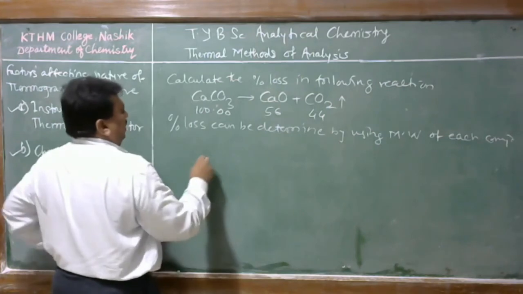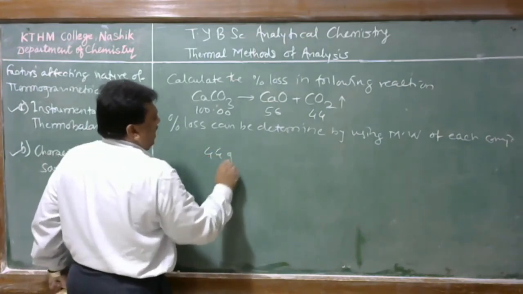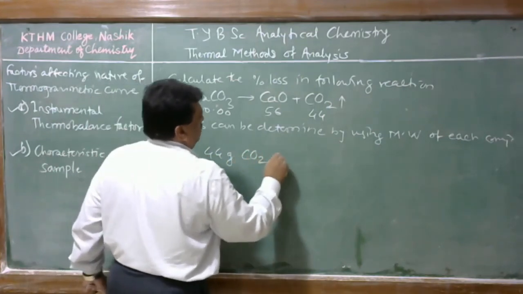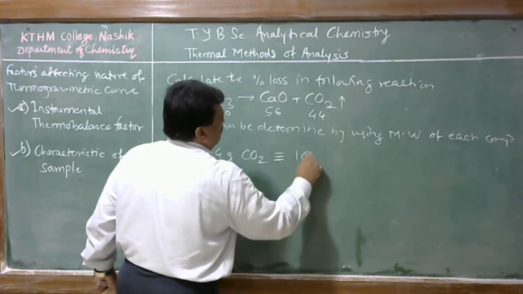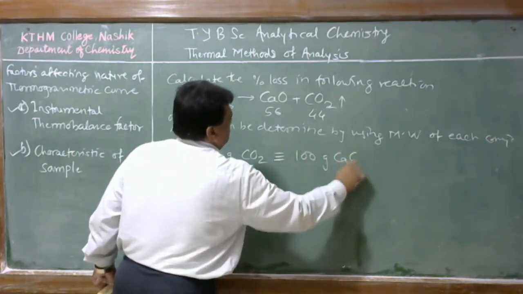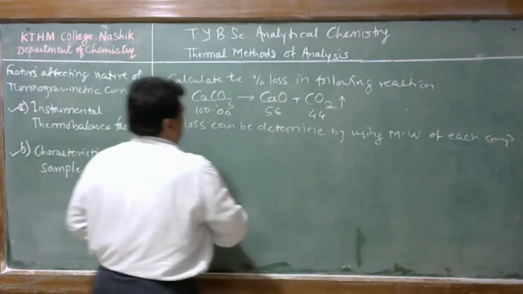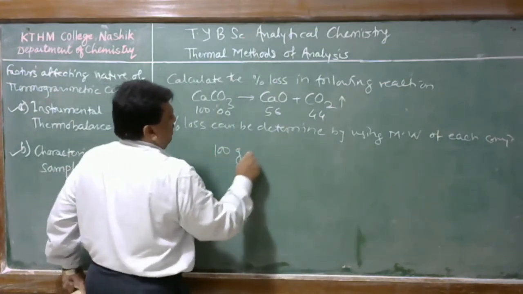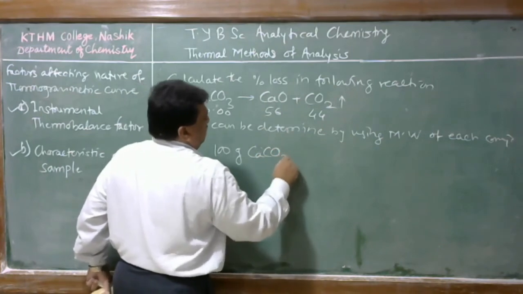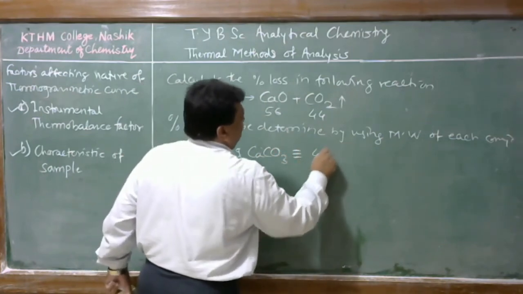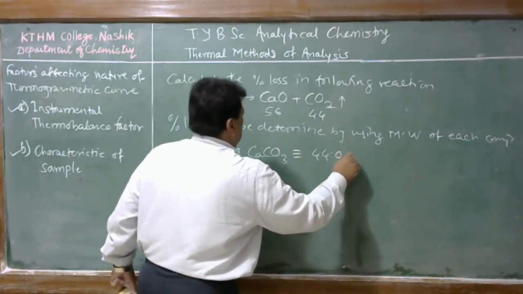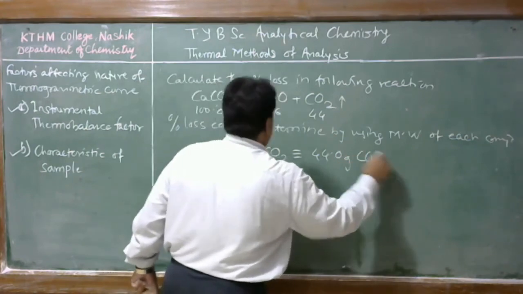Therefore, 100 gram of CaCO3 corresponds to a loss of 44.0 gram of CO2.